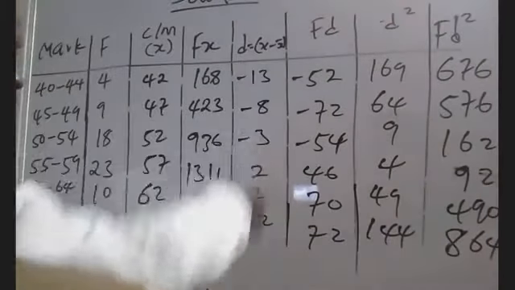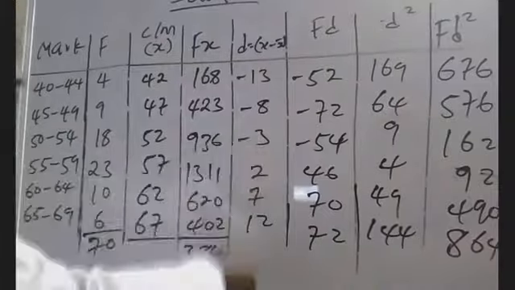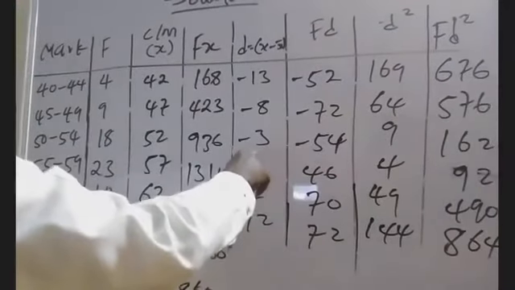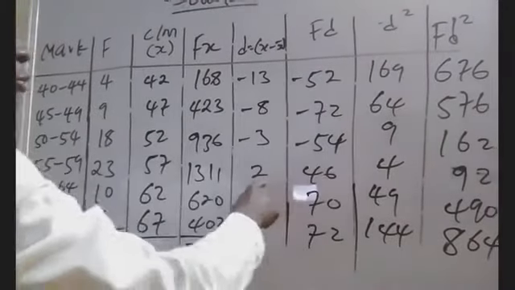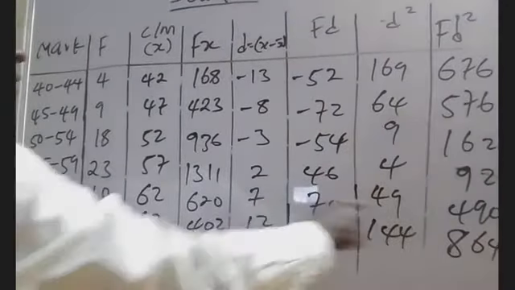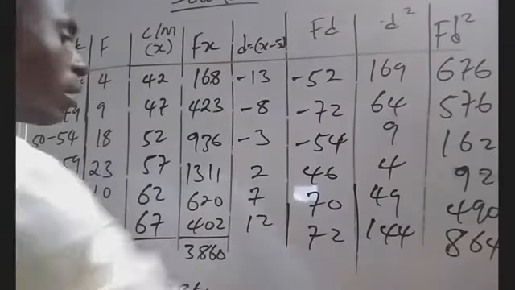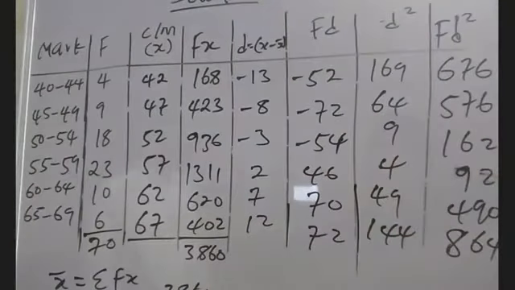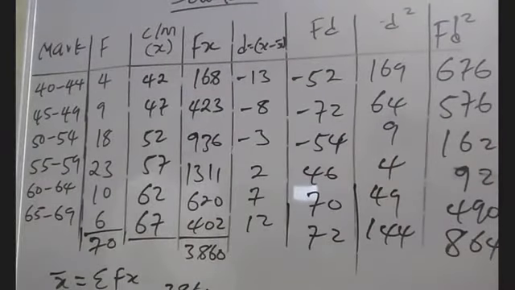That means we are taking the square of everything here. Minus 13 squared is 169. Minus 8 squared, 64. Minus 3 squared is 9. 2 squared is 4. 7 squared is 49. 12 squared is 144. Then you have frequency times d squared.